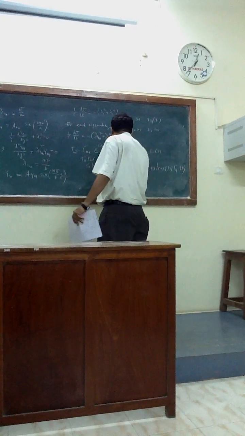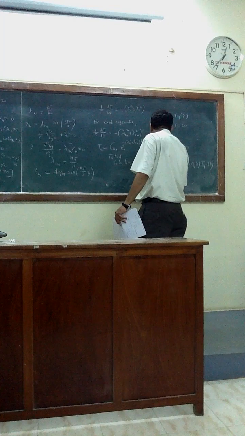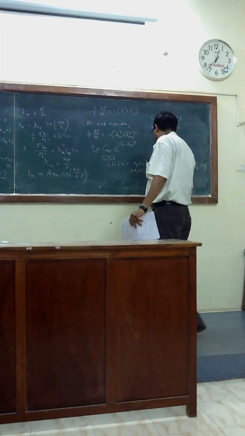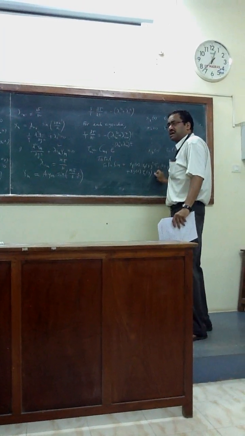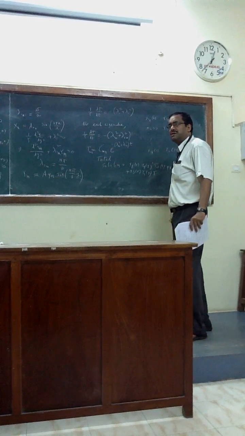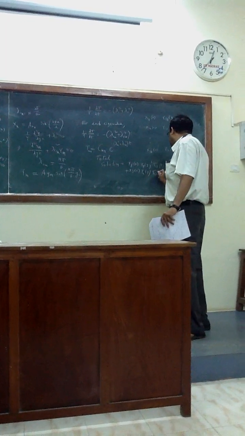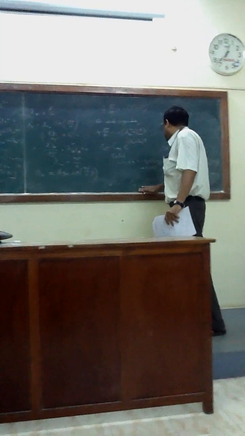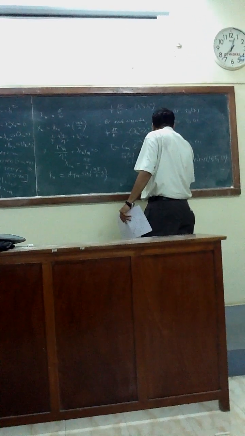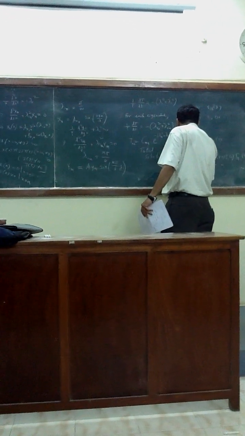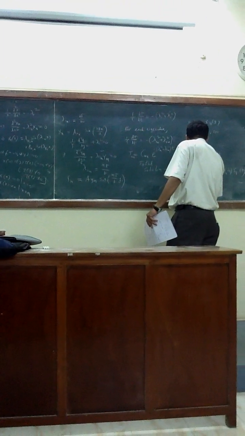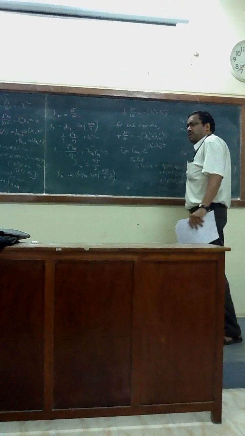Plus X_3(x) Y_1(y). What will be that? T_31(t). It will go like that. Then I will fix X_1 and change y. Then it will be X_1(x) Y_2(y) T_12(t).